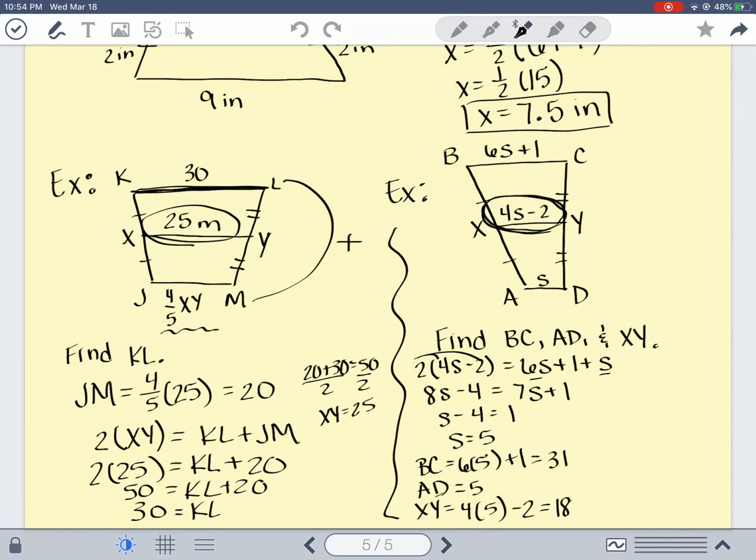So we can check. Remember, these 2 are our bases. If we add those 2 together and divide by 2, we get 36 divided by 2, which is, in fact, our 18. So you can always check to make sure that you did it correctly. Our bases added together, and then we divide that by 2 to get our mid-segment.